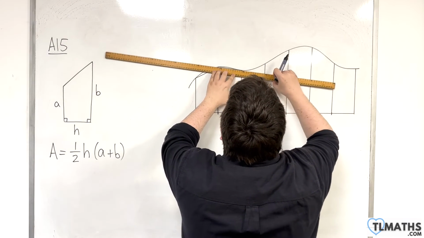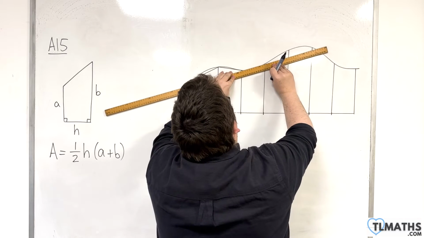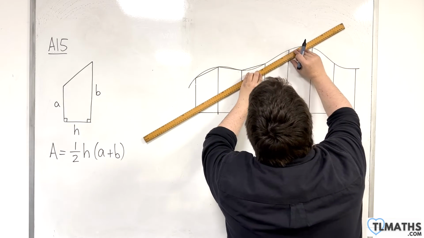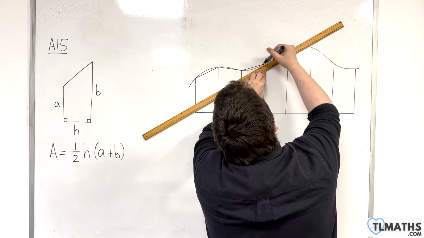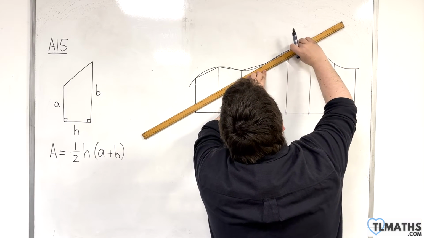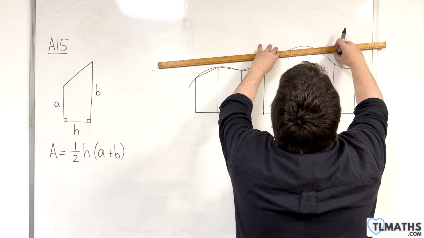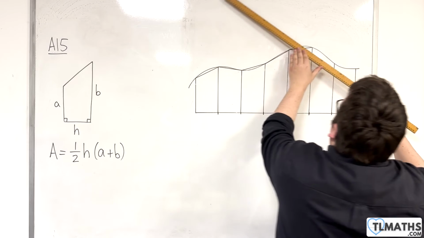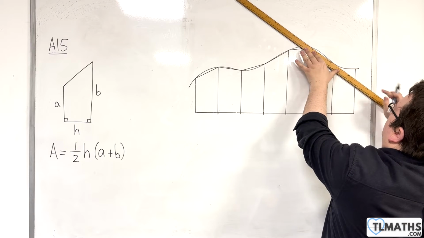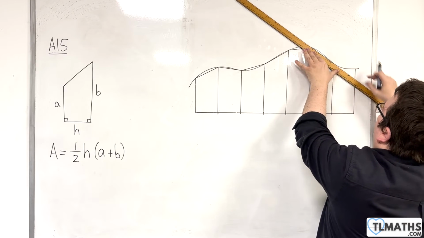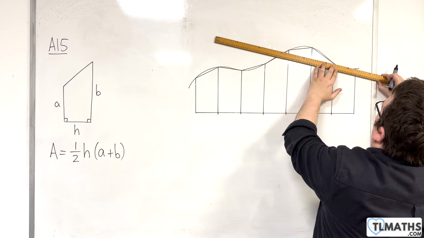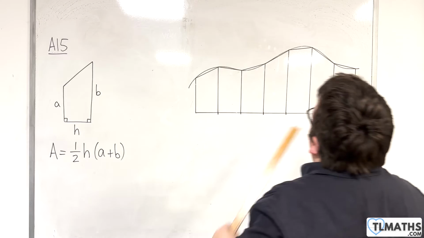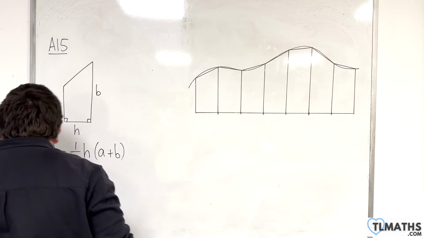That went just underneath. This one's going to go above. So the idea is that when you add up the areas of all these trapezia, you should get a reasonably good approximation of the total area. Essentially, those differences should probably even out. And if you want a more accurate answer, then you just use more trapezia. Okay? You make them thinner.